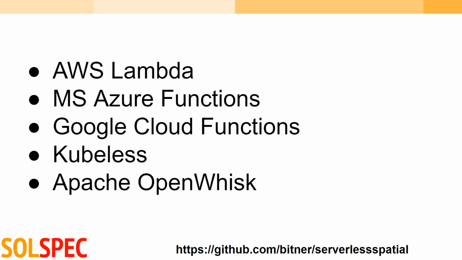There are many serverless platforms out there. Amazon has the Amazon Web Services Lambda. Microsoft has Azure functions. Google has Cloud functions. If you want to roll your own, there's Kubeless running based off of Kubernetes, Apache OpenWhisk, and several others. Through everything else we're going to talk about today, we're really going to put a focus on Amazon Lambda, for no other reason than this happens to be the serverless functions that I personally use.